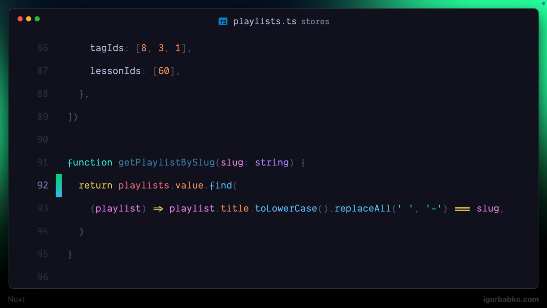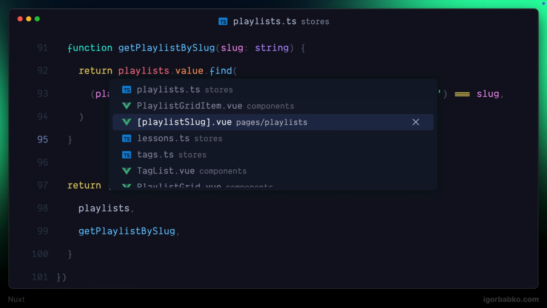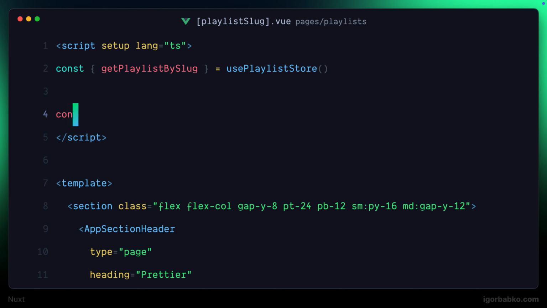Let's expose this function to the outside world, get back to the playlist page component, and call this function in order to fetch the particular playlist by its slug, and the slug we can get from the route object. The current route object we can get by calling the useRoute composable function, and then by referencing a particular route param.